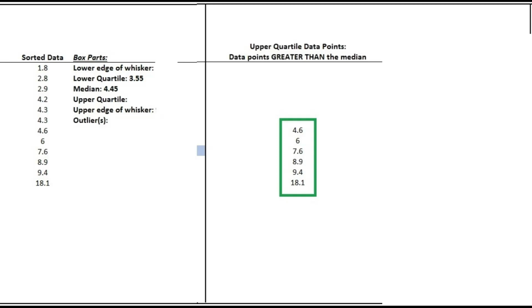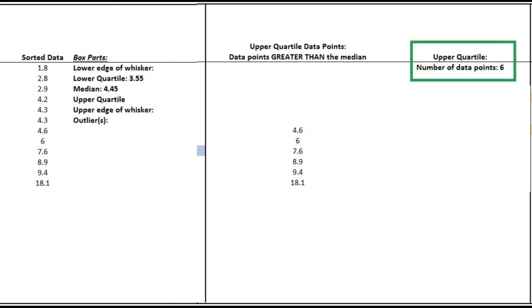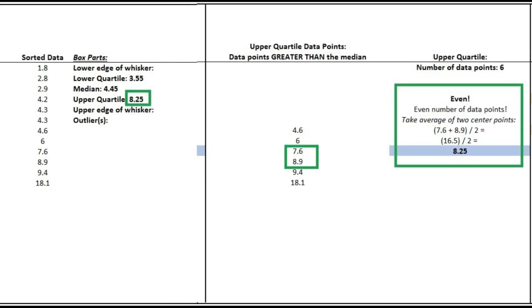Now we can look at the upper quartile. And the data points that are greater than 4.45 include 4.6, 6, 7.6, 8.9, 9.4, and 18.1. All right, so again, 6 data points, which means we have an even number. We're going to take those two center points, 7.6 and 8.9. We add them up, we get 16.5, divided by 2 is 8.25.